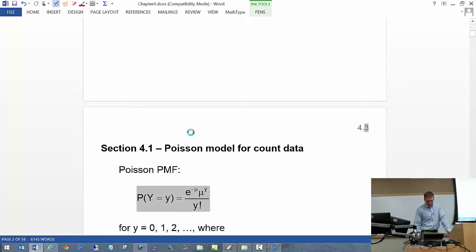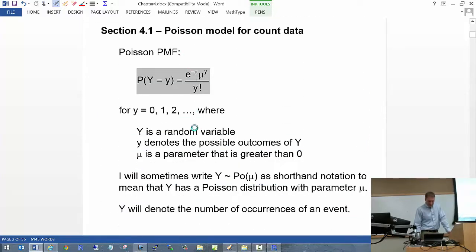Okay, so let's talk about some basics. So here's the Poisson probability mass function that all of you have seen before. My random variable is denoted by a capital Y. Possible values that my random variable can take on are denoted by a lowercase y. And those possible values are 0, meaning a 0 count, 1, a 1 count, and notice I don't specify an upper bound.